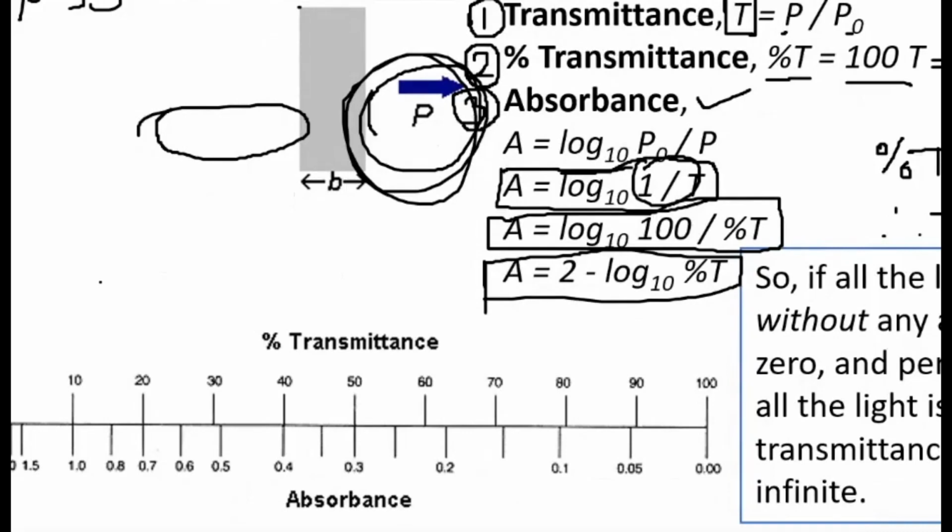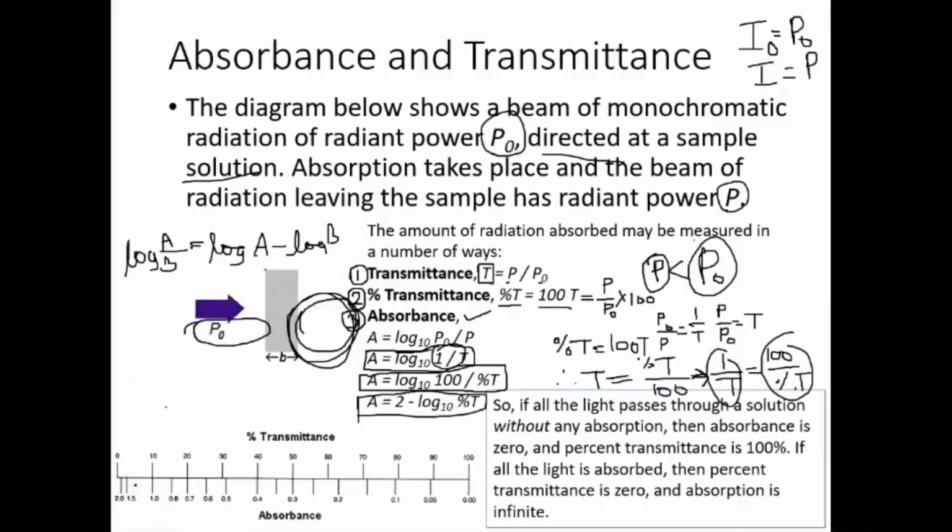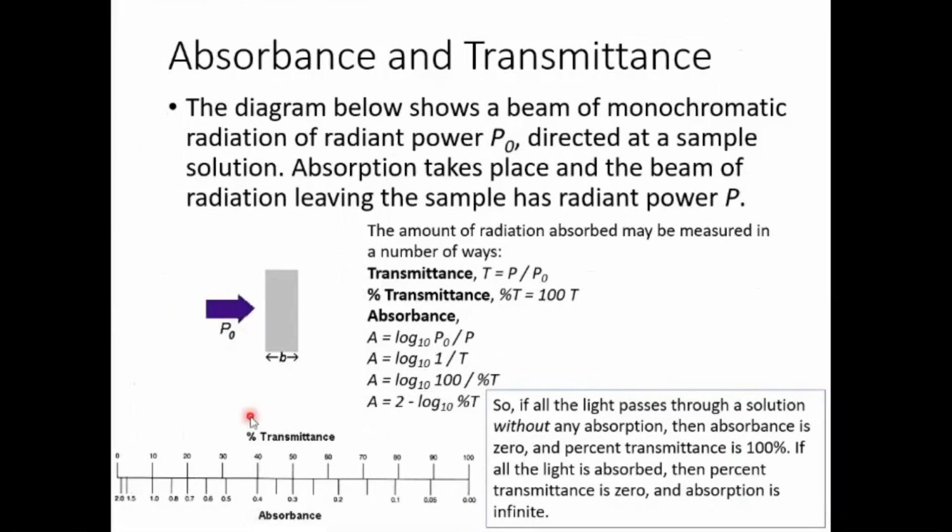Very good. Now let us see the note in the box. If all the light passes through a solution without any absorption, the absorbance is 0 and the percent transmittance is 100%. If all the light is absorbed, then percent transmittance is 0 and absorbance is infinite.